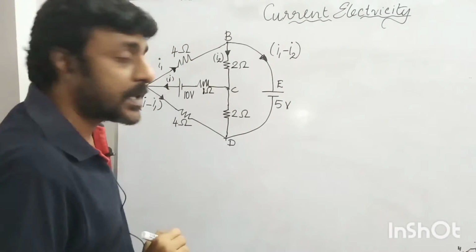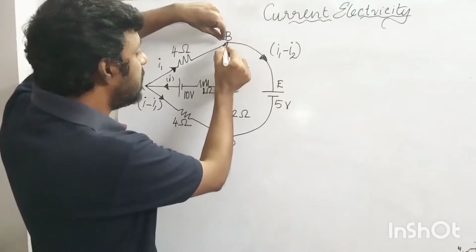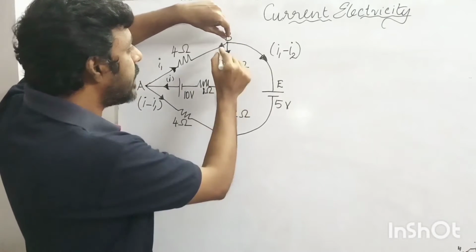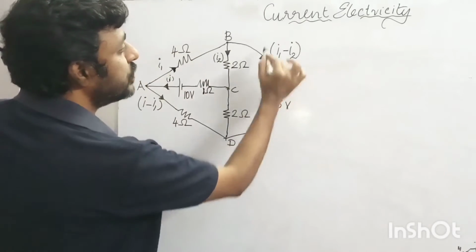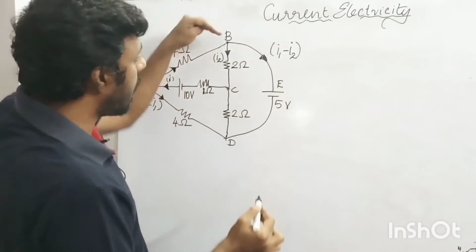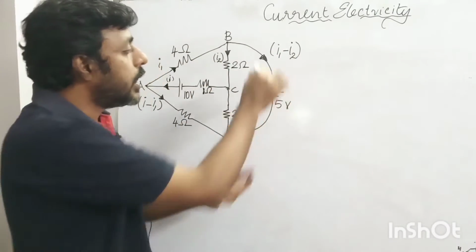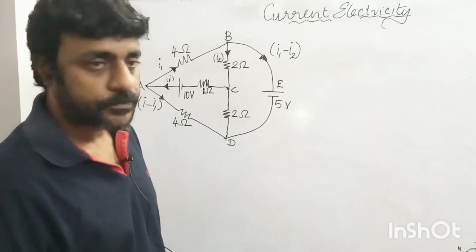You got it? The current I1 at this junction is divided into I2, and the other current is nothing but I1 minus I2. So this value I1 minus I2 flows through the branch BD, through a voltage source of 5 volts.